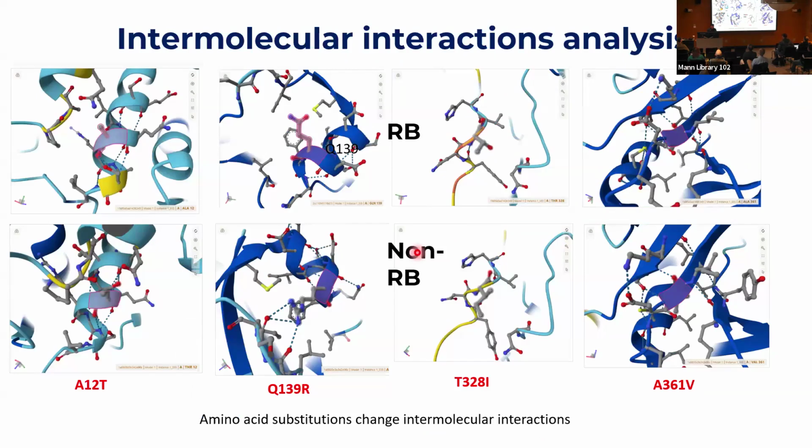Then what happens at the intermolecular level between resistance breaking and non-resistance breaking? As you can see, there are subtle but distinct differences at the intermolecular level. What does that tell us?